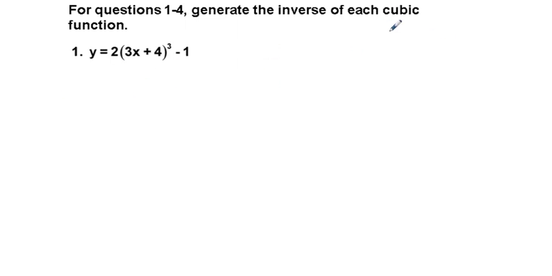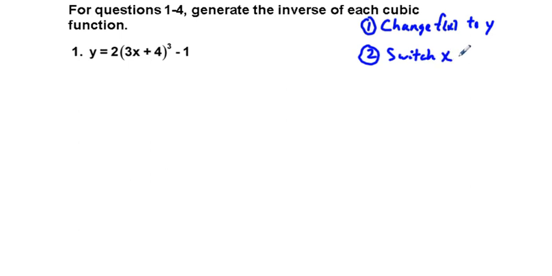And so just to review, the four-step process for finding the inverse of a function is first, change f of x to y. Now in this case, we already have a y equals function, so that's really not relevant here. The second step is going to be to switch x's with y's, if need be.